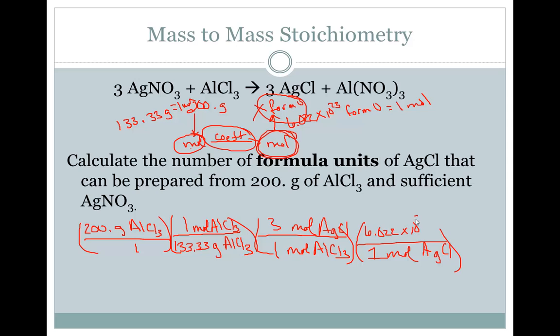So 200 divided by 133.33 times 3 times 6.022 EE23, and it comes out to be 2.71 times 10 to the 24th formula units. And that gives you an explanation on how to complete stoichiometry problems.